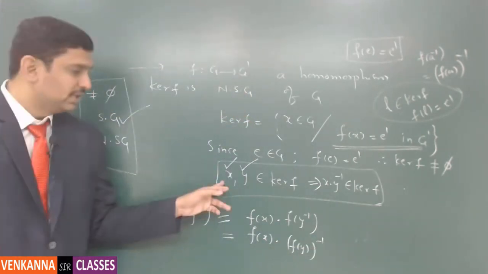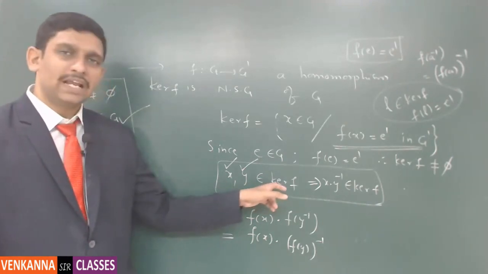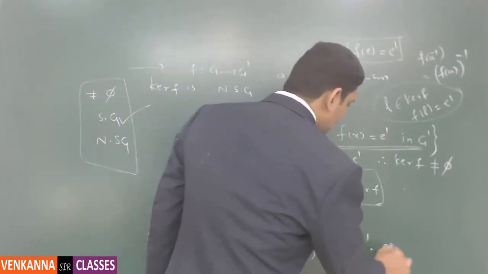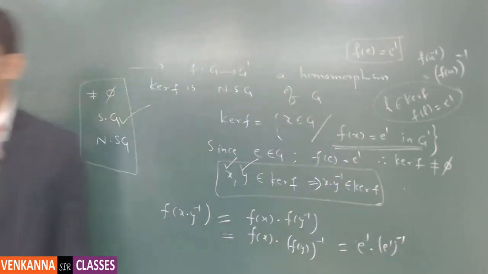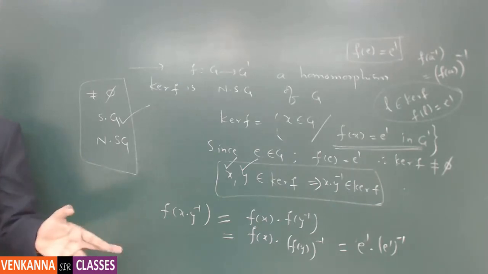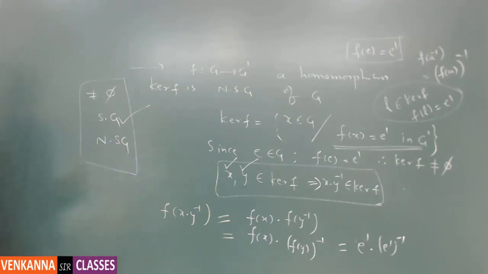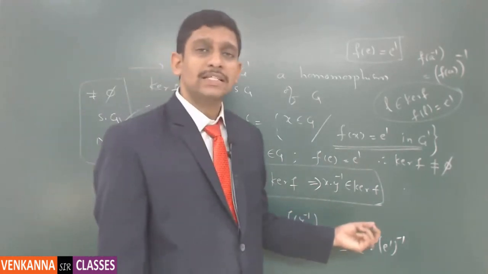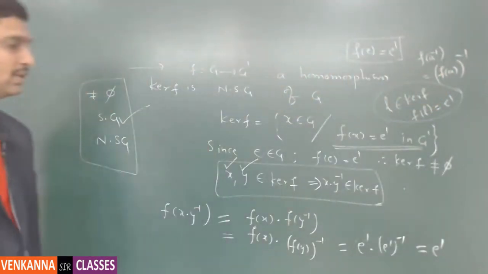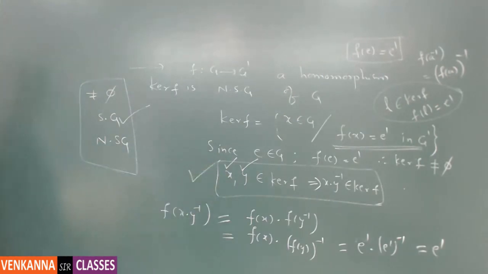Please understand, initially you have taken x and y in the kernel. So from the definition of kernel, you can write it as identity dot identity inverse, because f of x is identity and f of y is identity, as x and y are taken in the kernel. Since the inverse of identity is identity itself, this is identity. Therefore, this condition is satisfied by kernel f, hence it is a subgroup. Please take a note of that.